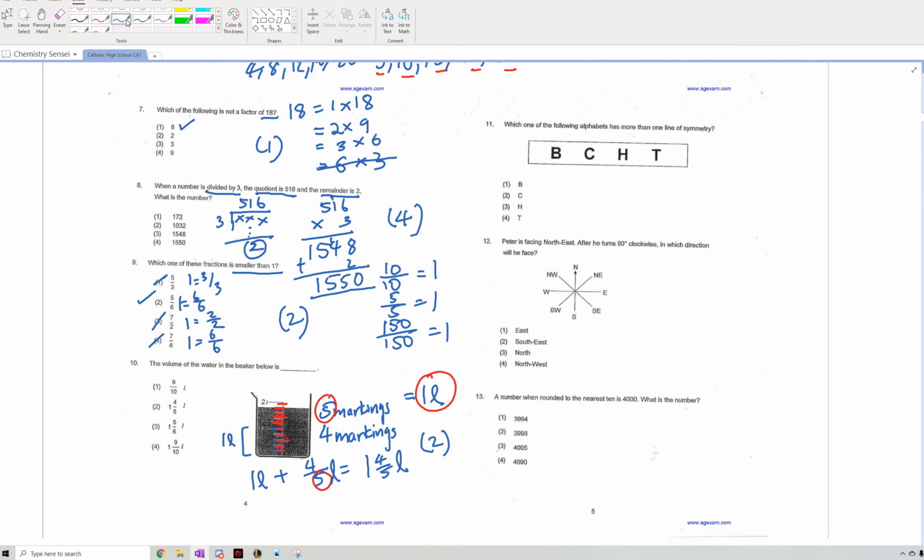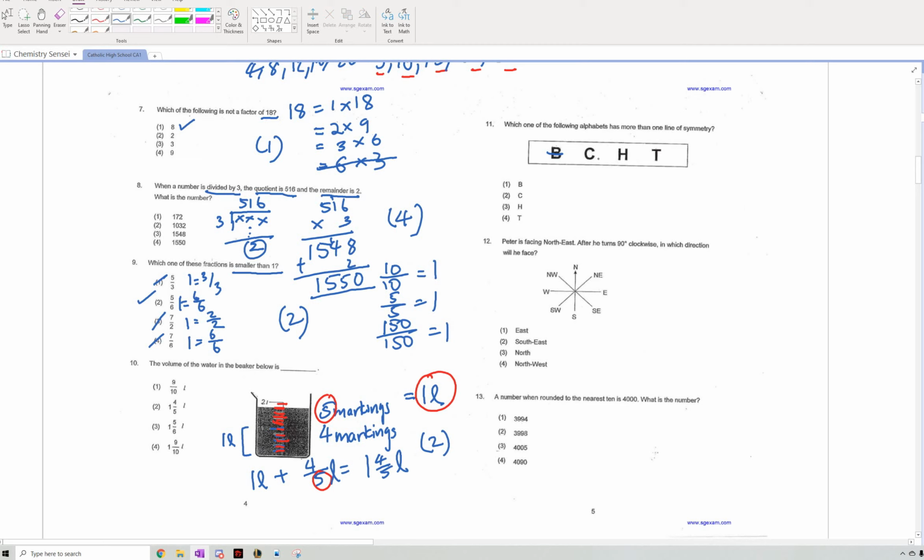Next, question 11. Which one of the following alphabets has more than one line of symmetry? Let's take a look at B. We have a line of symmetry over here, so there's one line of symmetry. There's no other line of symmetry.